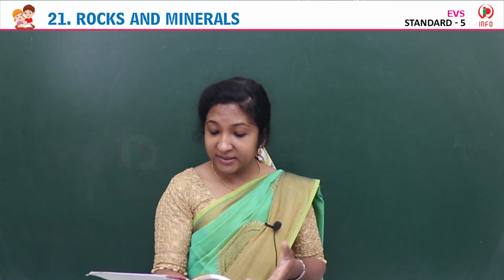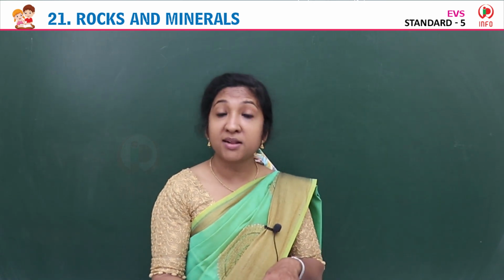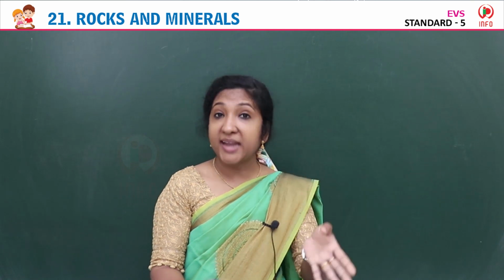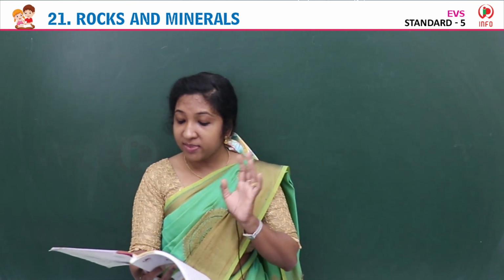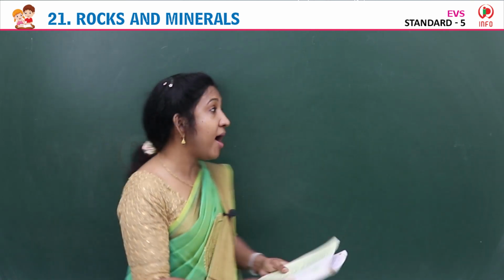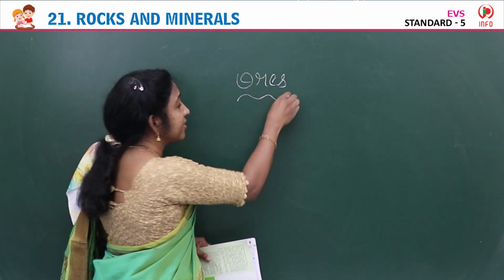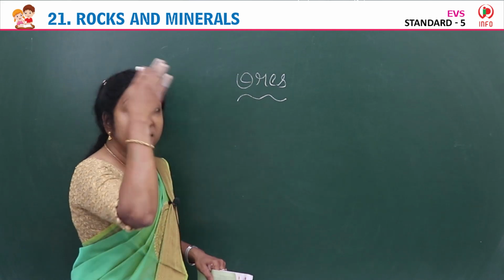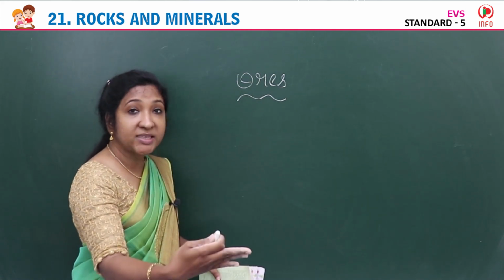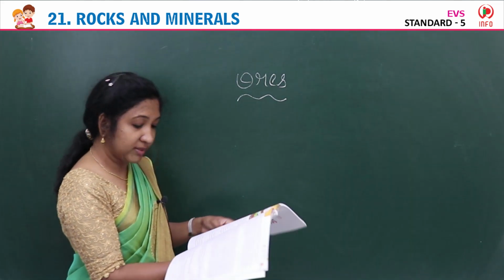Some rocks contain metallic minerals. Minerals are of two types, metallic and non-metallic, and they are called ores, O-R-E-S. So rocks contain minerals, which are of two types, metallic and non-metallic, and they are called ores.